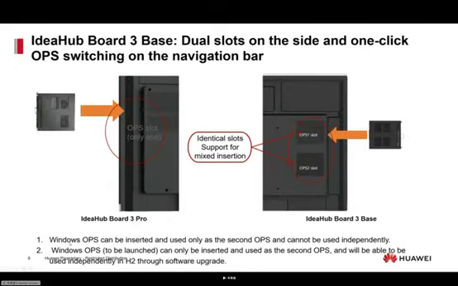For Windows OPS, it can now only be used as the second OPS and cannot be used independently. But afterward, we will launch a Windows OPS that can be inserted and used as the second OPS, and be used independently, in the second half of the year through a software upgrade.